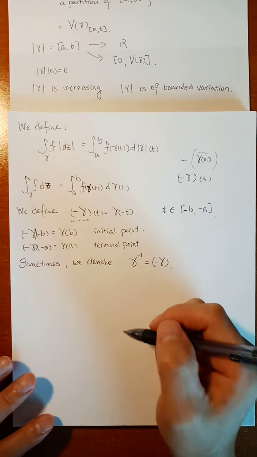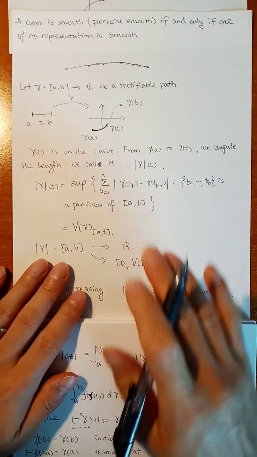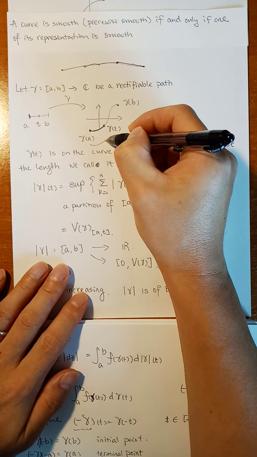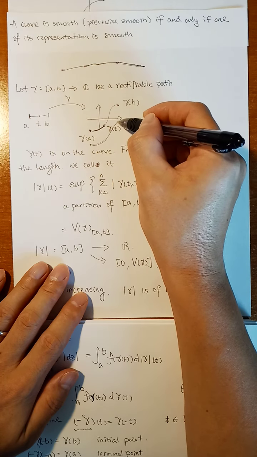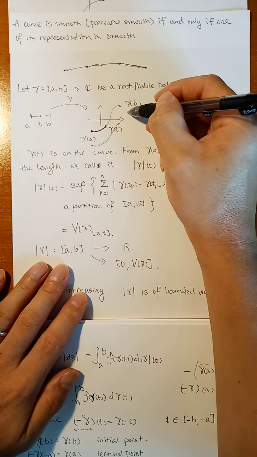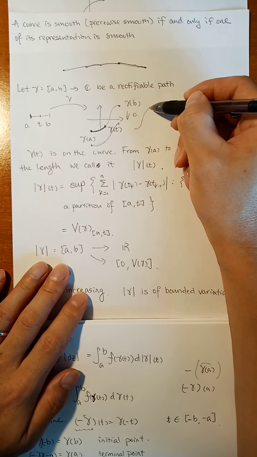Okay, good. And another one is a translation. So you have this curve, you just move it to a different place. For example, you move it vertically down, or you move it horizontally to the right.